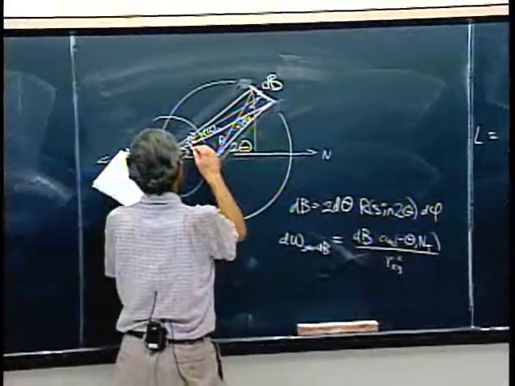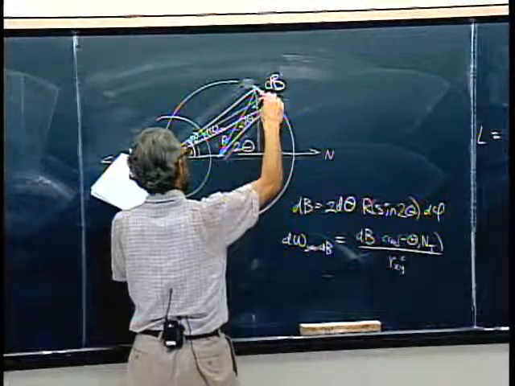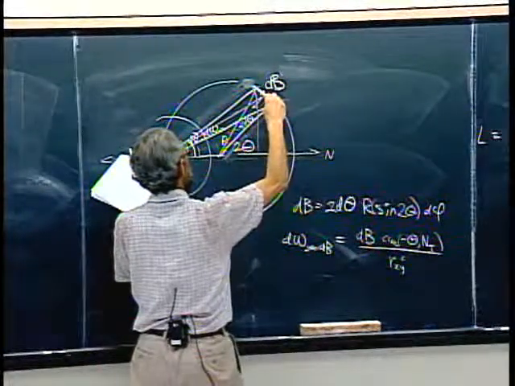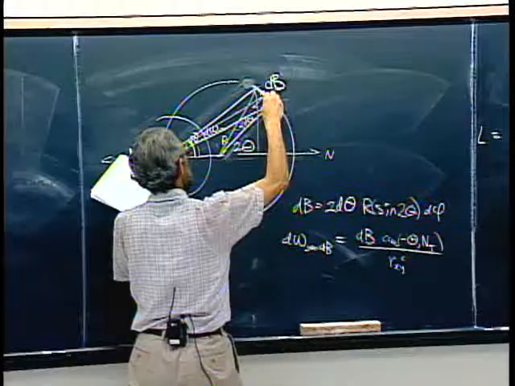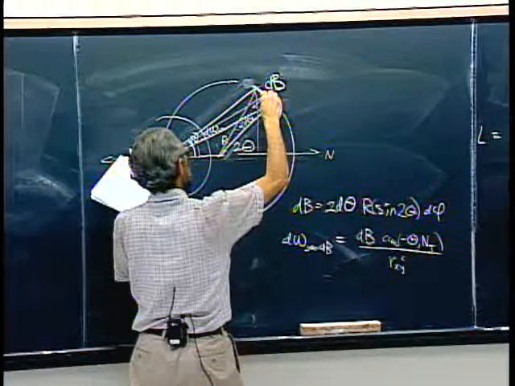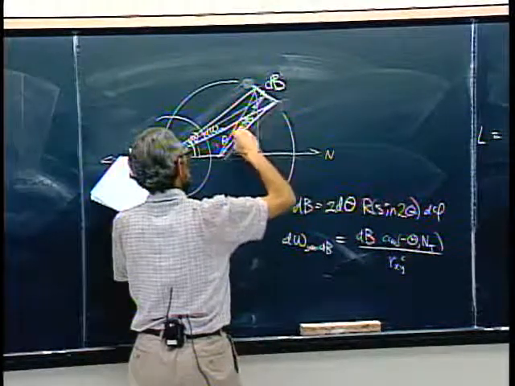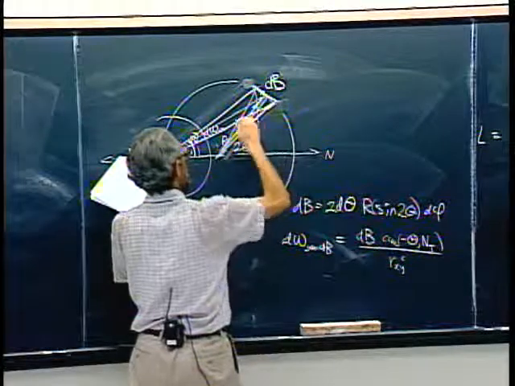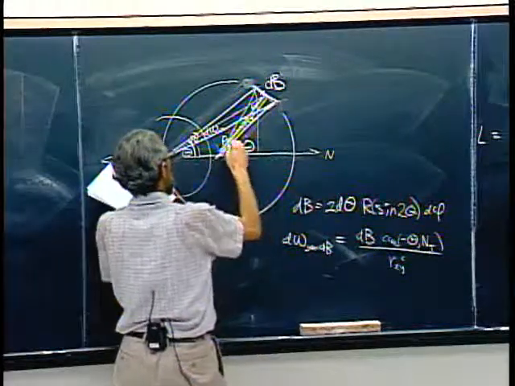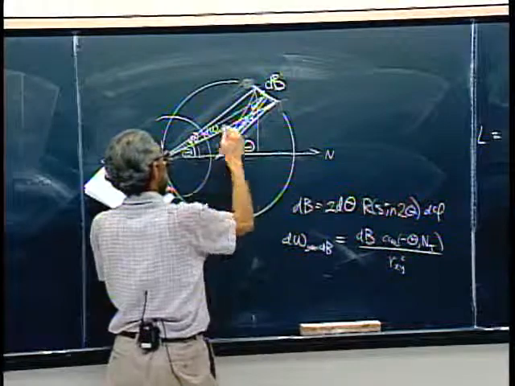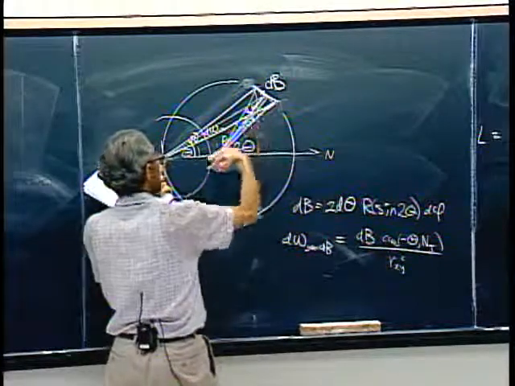So I guess the angle between the normal and the direction here is the same as the normal and the direction here because these two cosines are the same.